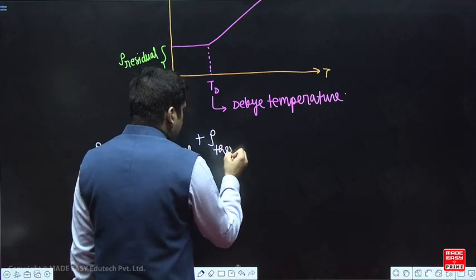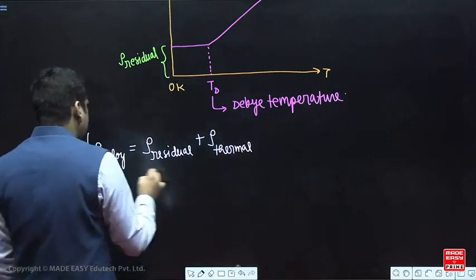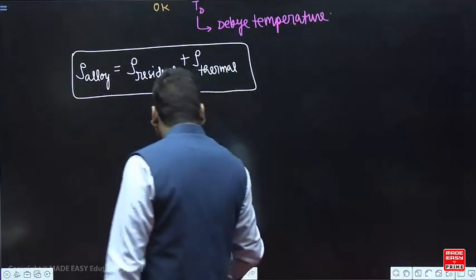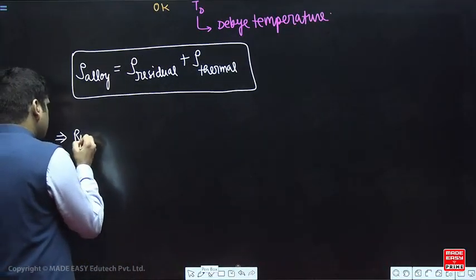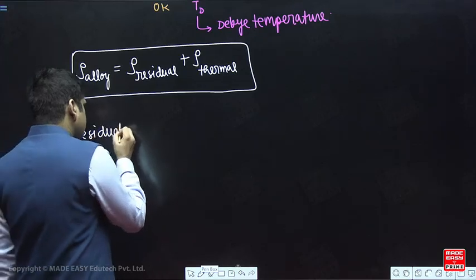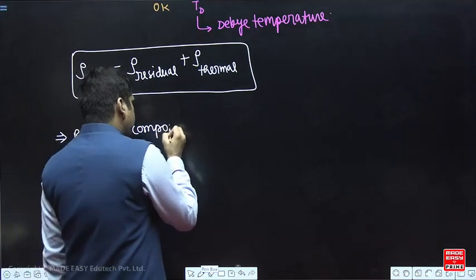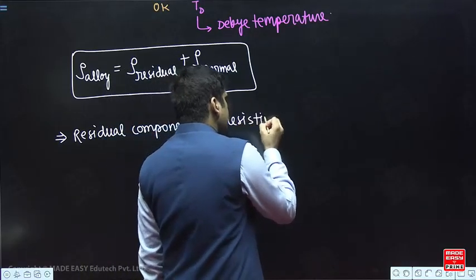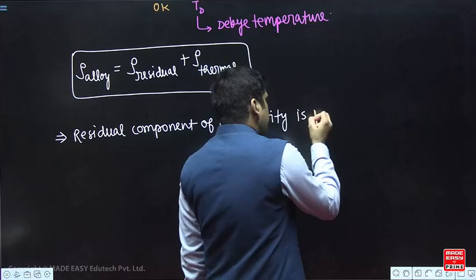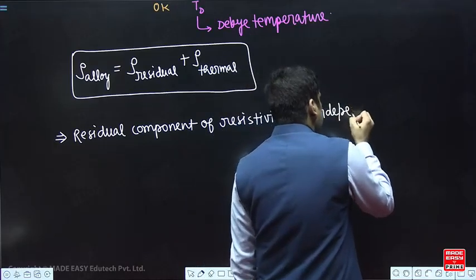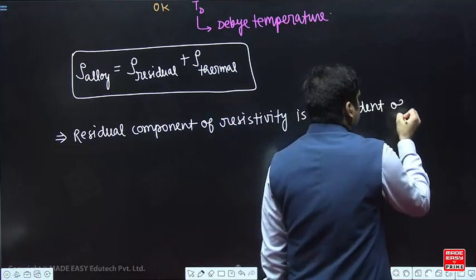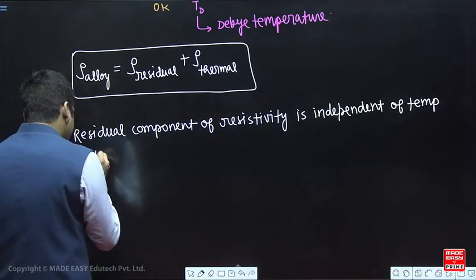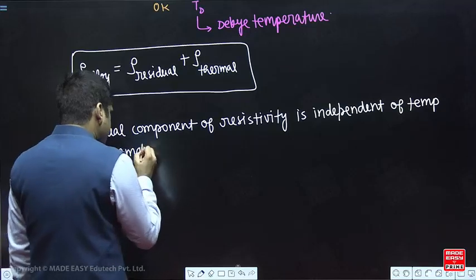So overall resistivity of an alloy can be written as rho alloy is equal to rho residual plus rho thermal. The residual component of resistivity is independent of temperature and remains non-zero even at 0 Kelvin.